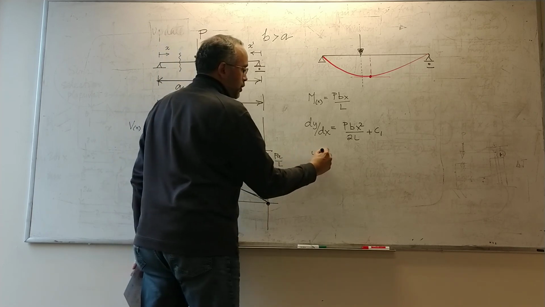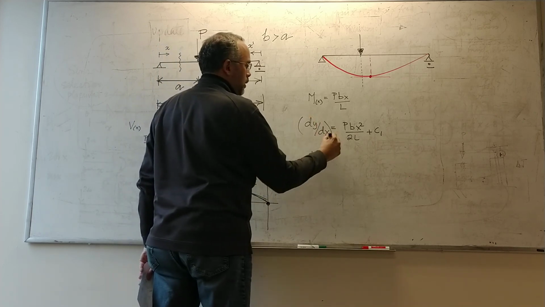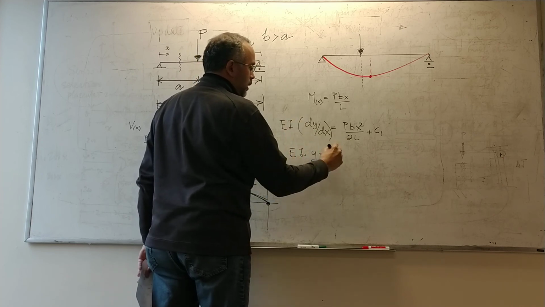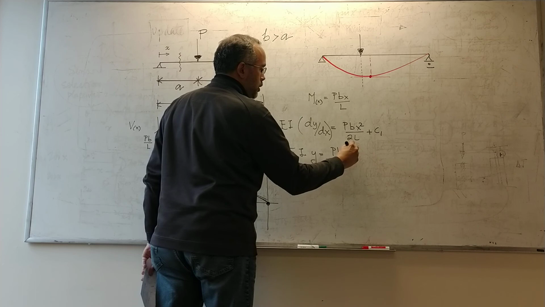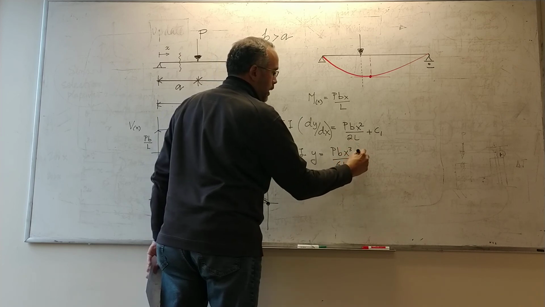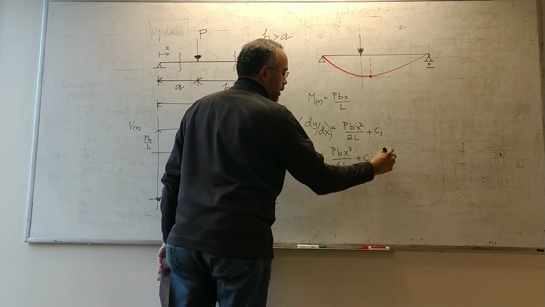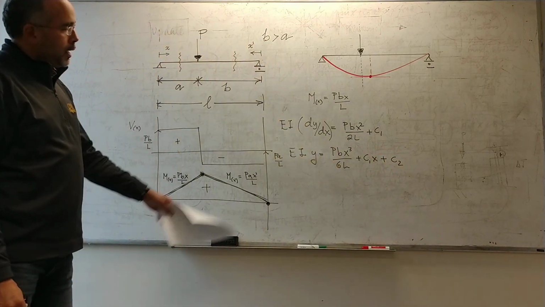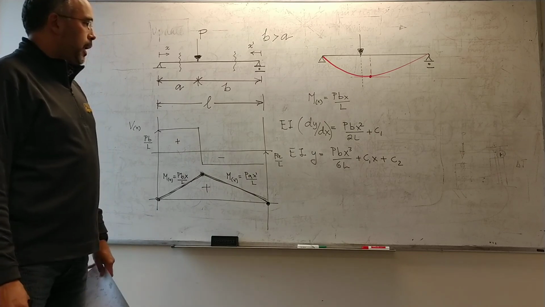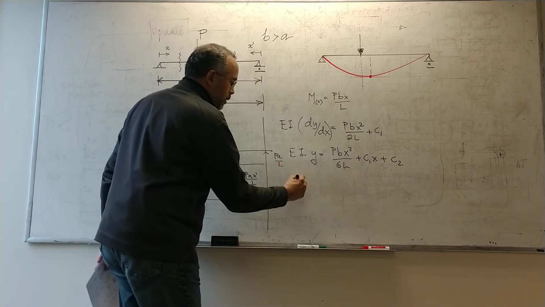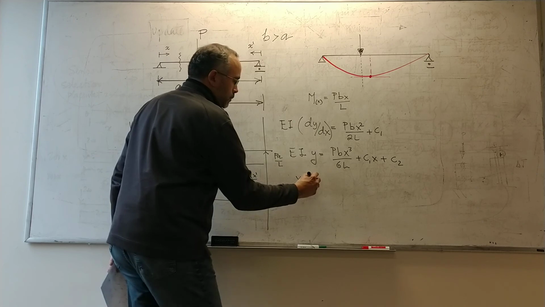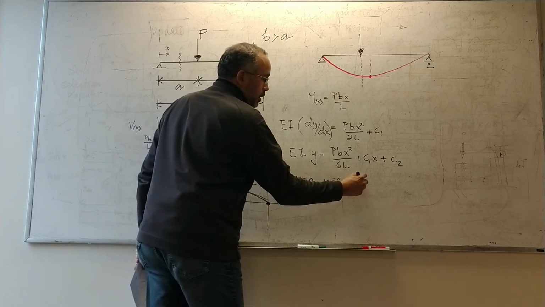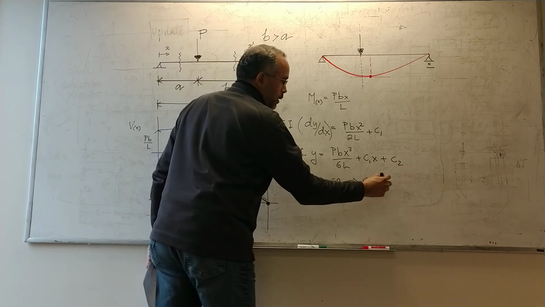And the deflected shape, all of that times EI, then again EI times Y would be PBX cubed divided by 6L plus C1 times X plus C2. Now from this equation here, we realize that when X equals 0, Y is 0. So that means that C2 is 0.